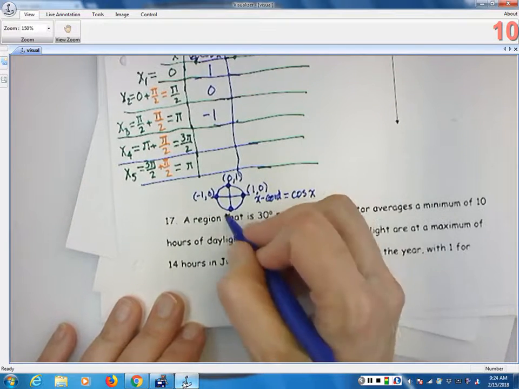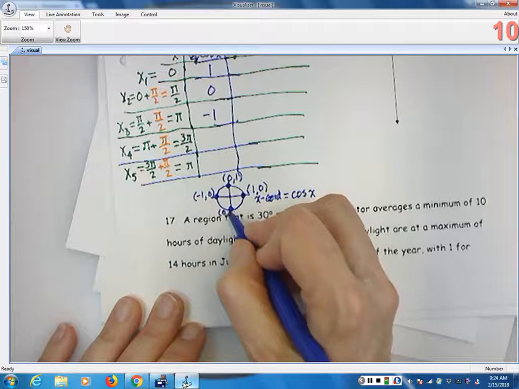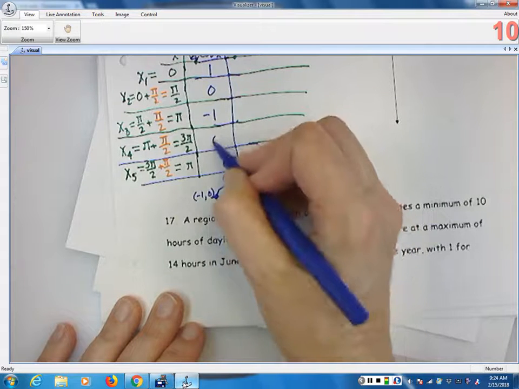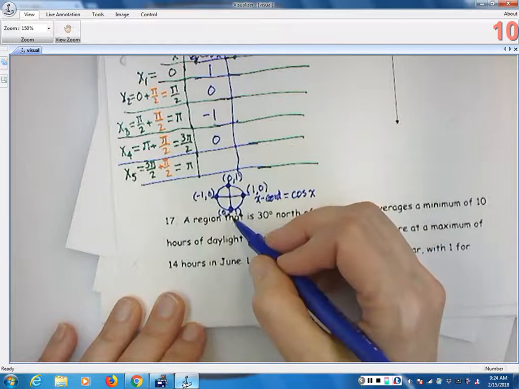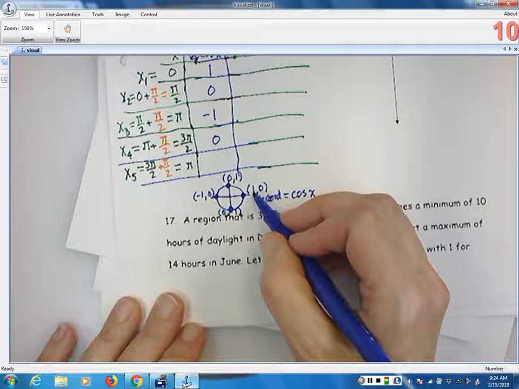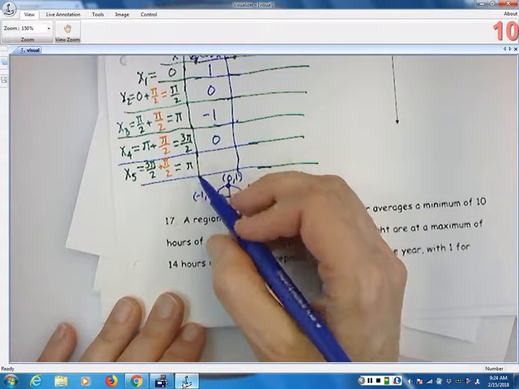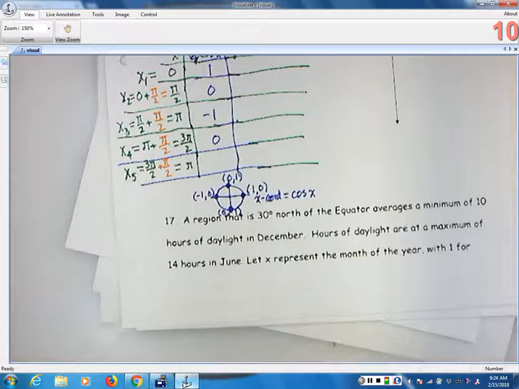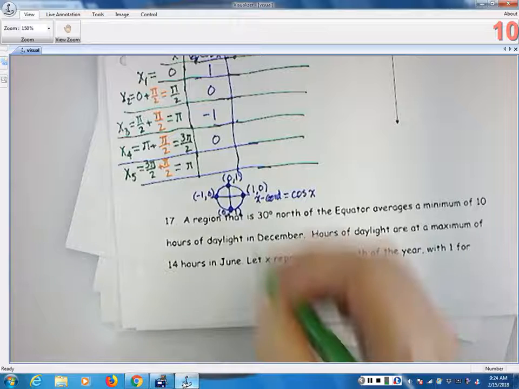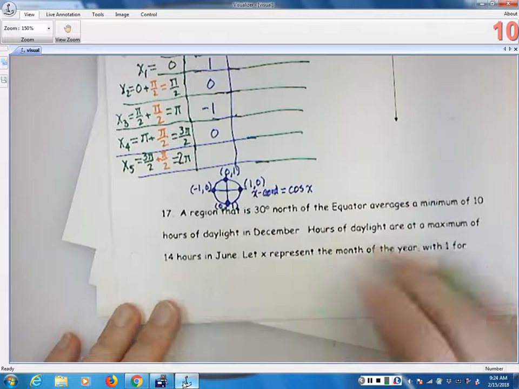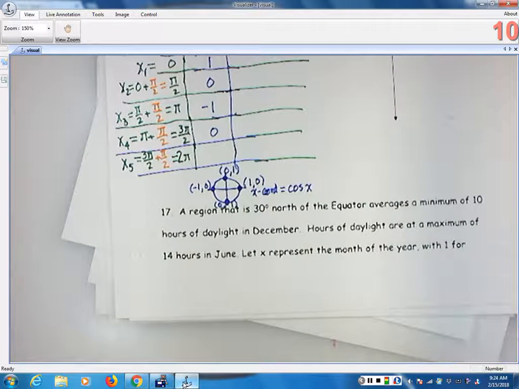And here we're at 0, minus 1, so cosine of 3 pi over 2 is 0. And then back to here, oh, I'm sorry, this is supposed to be 2 pi. Yeah, 3 pi over 2 plus pi over 2 is 2 pi. And that's back to here, and cosine is 1.